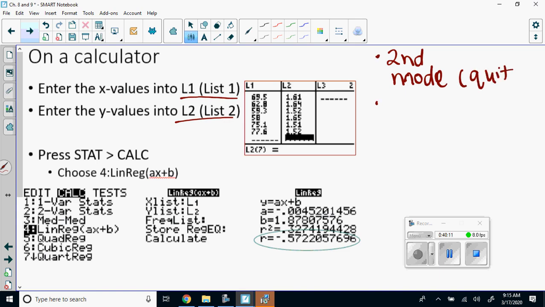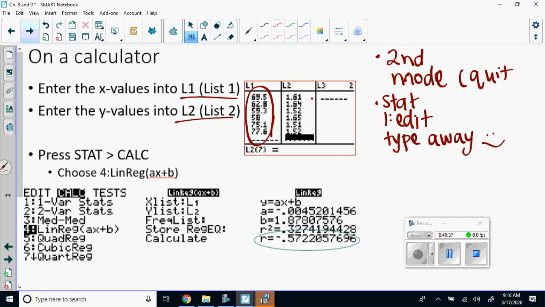And then to get into your list, you're going to go stat and option 1, edit, and type. So we're just going to type these numbers into list 1. These are the numbers I do want you to type into list 1 so we can calculate that correlation coefficient for list 1 and list 2.